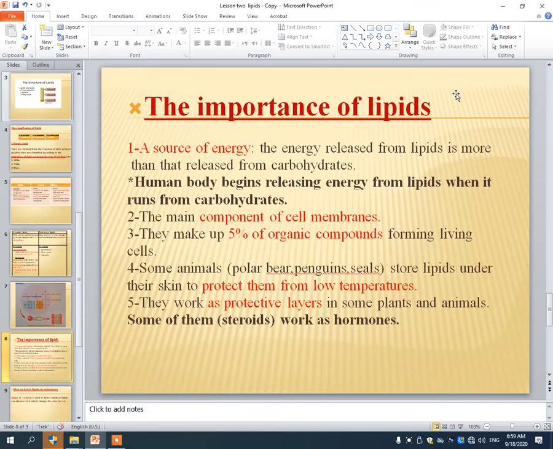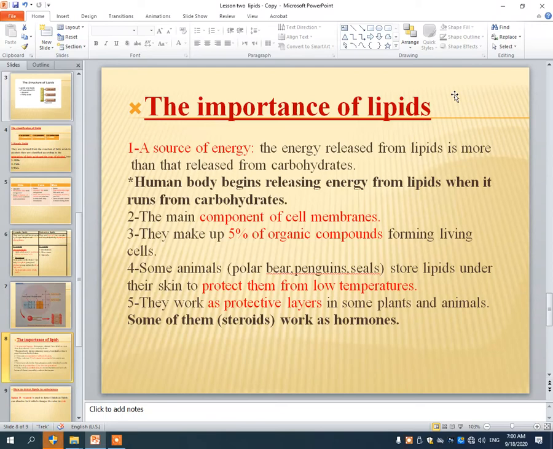Okay, importance of phospholipids. Phospholipid is also a source of energy like carbohydrates, but carbohydrates give us energy faster than lipids, and lipids give us more energy than carbohydrates. So carbohydrates are faster, but lipids give us more energy.